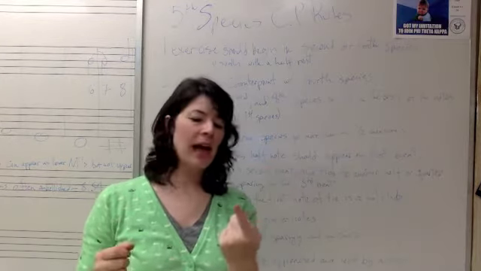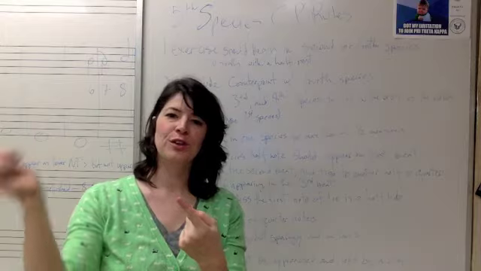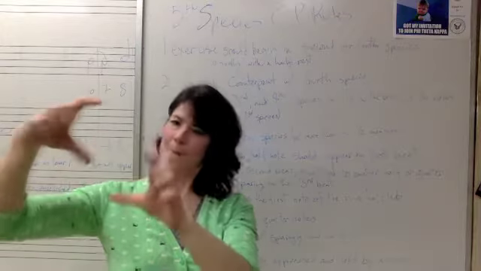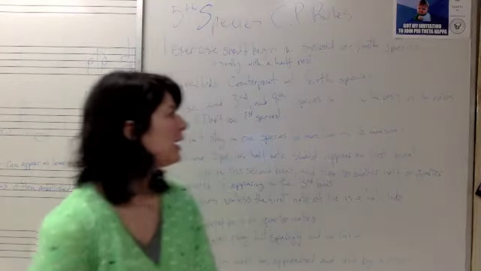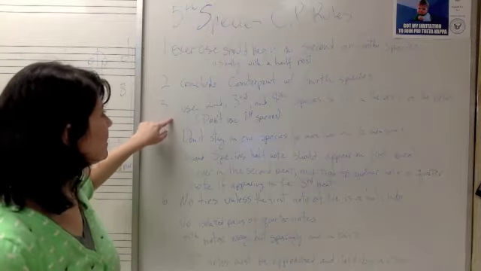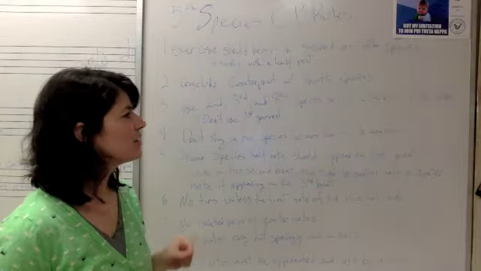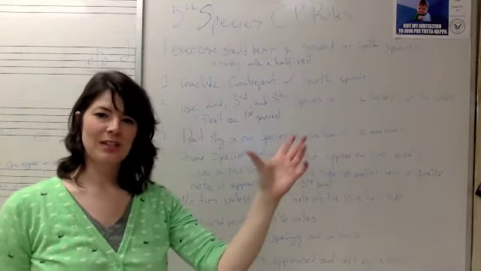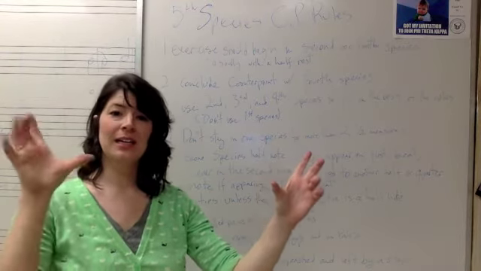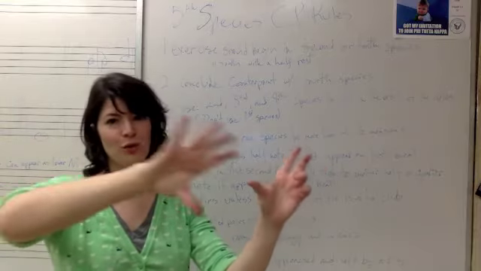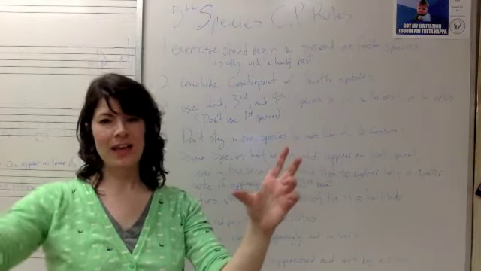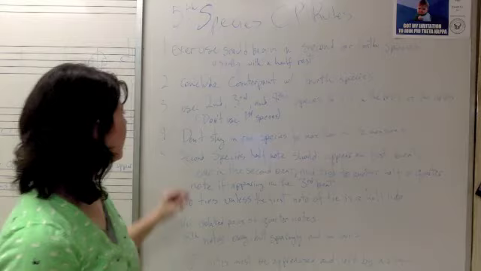So the same ending as you did for your fourth species counterpoint, just plug it right in. Use second, third, and fourth species to fill in the rest of the notes. So second or fourth species at the beginning, the middle can be second, third, or fourth species, and then the end has to be fourth species.